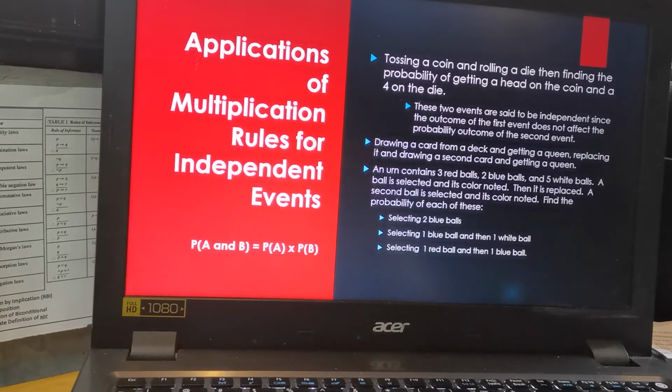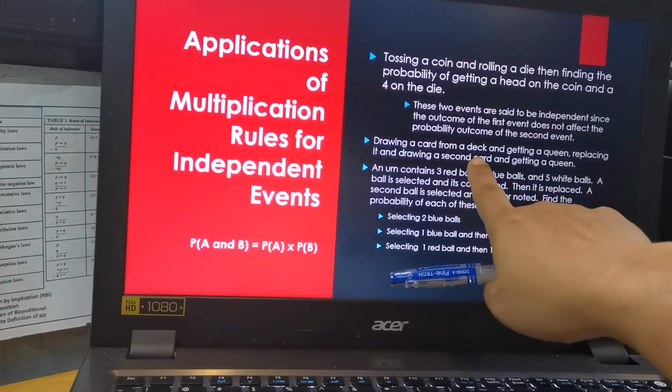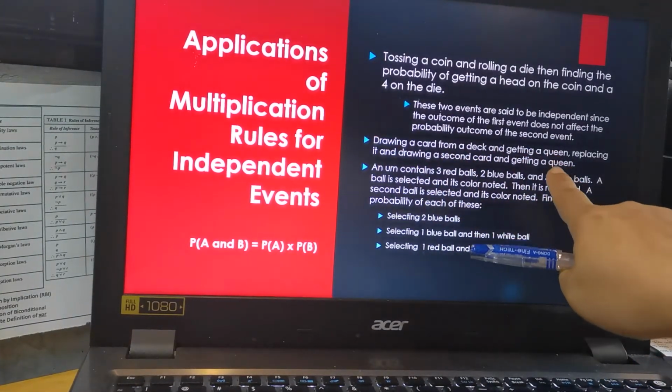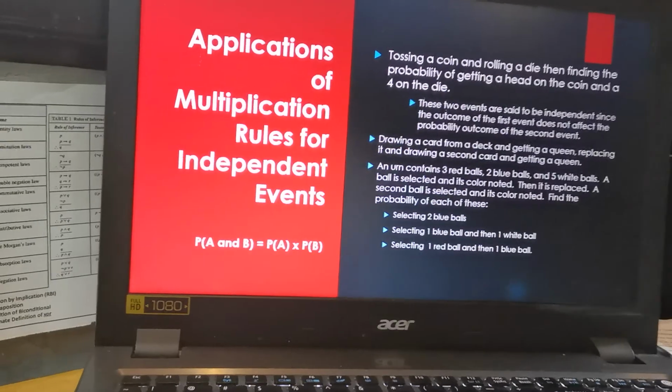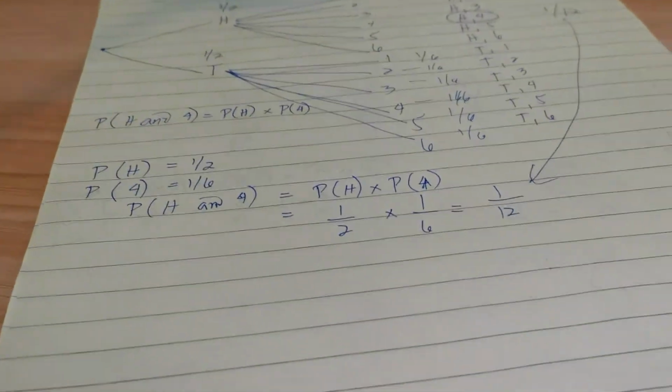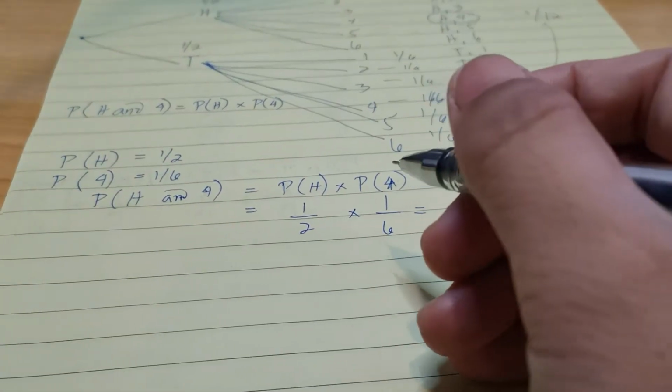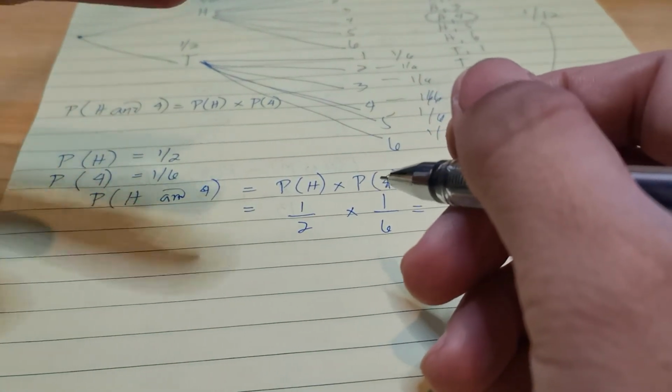Okay, so our second example says, drawing a card from a deck and getting a queen, replacing it, ibig sabihin, ibabalik mo yung queen, and drawing a second card and getting a queen again. Okay? So, i-analyze natin yung problem natin. So, dalawang beses kang mag-draw ng cards. Okay? So, yung first event mo ay drawing a queen.